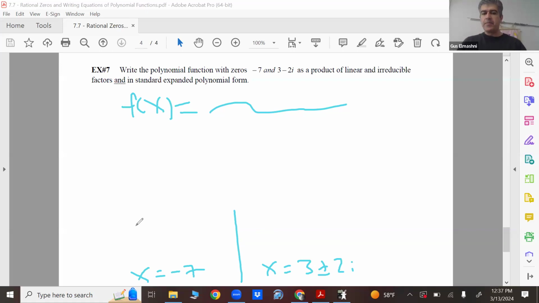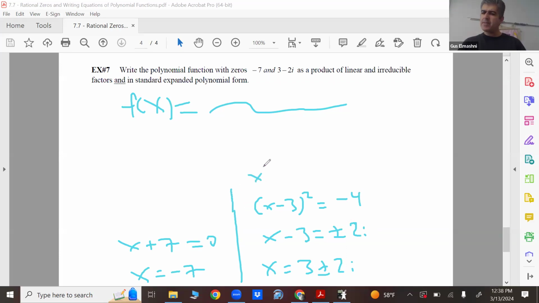Let's work backwards. Where did this x plus 7 come from? Didn't it come from that? Right? Where did this come from? Didn't it come from this? And didn't that come from this? If you squared x minus 3 and squared 2i, you get negative 4.